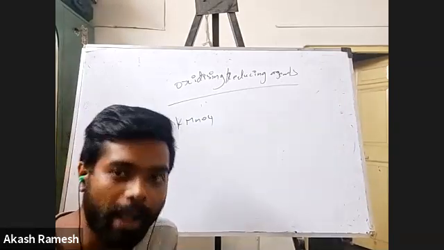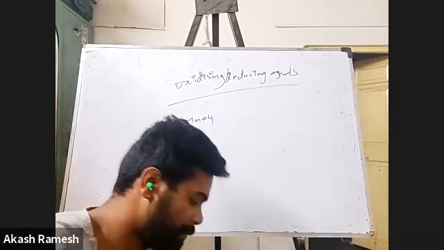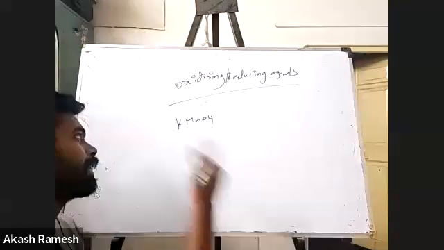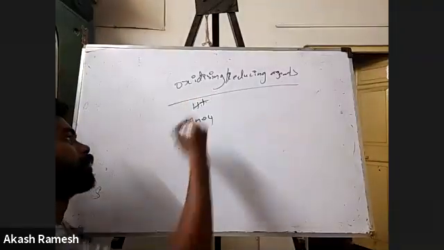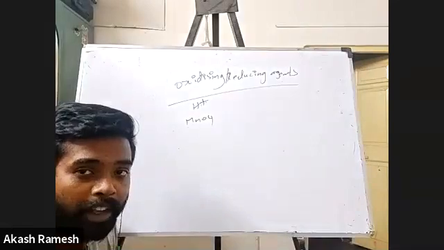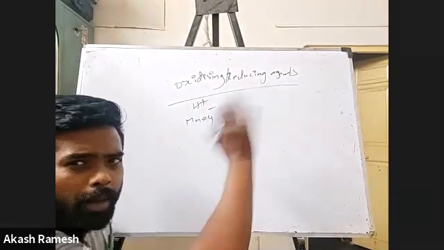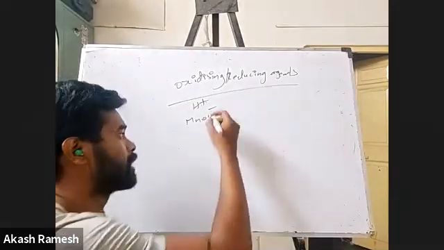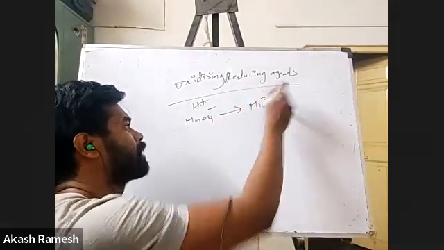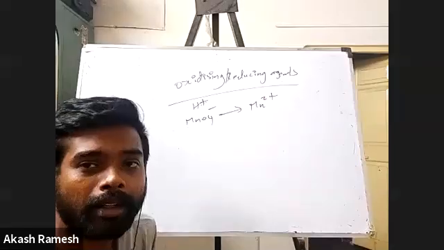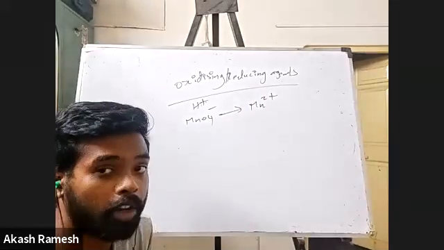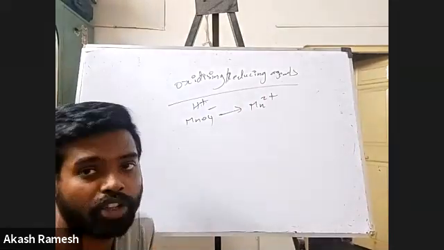Right, now why it happens like this you can easily understand. If I take MnO4 minus in acidic medium, I have some amount of H plus present in the reaction medium. I have some other reactants also, but I'm just going to concentrate on MnO4 minus here. This MnO4 minus in acidic medium is going to form Mn2 plus. Remember, it's an oxidizing agent, so it has to undergo reduction, right?